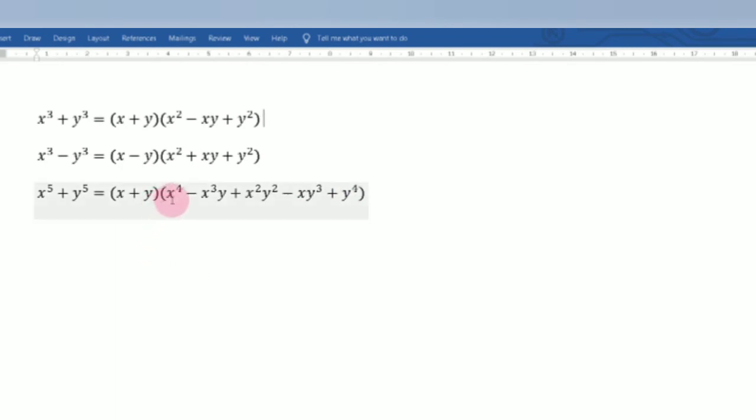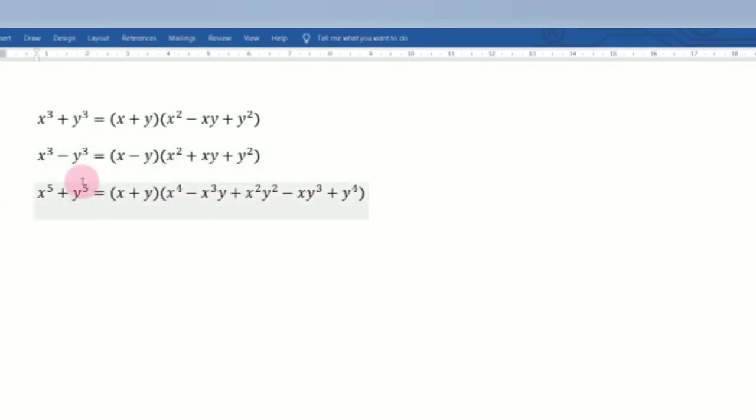Okay, and it begins with x to the fourth power, continues with x to the third power, decreasing one degree, one by one. And about the y, it's the opposite of this one. It begins with y to the 0 power, y to the first power, y to the second power, third power, until the fourth power. See the pattern? The first term begins from the fourth degree, and then decreases one by one.